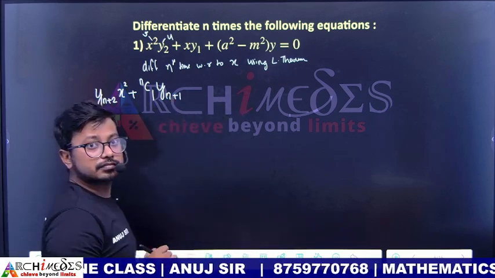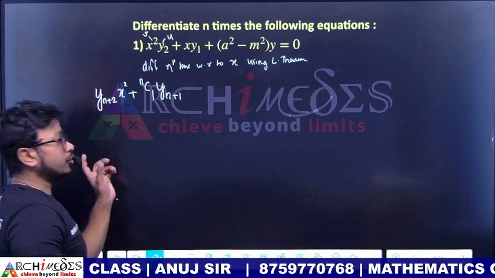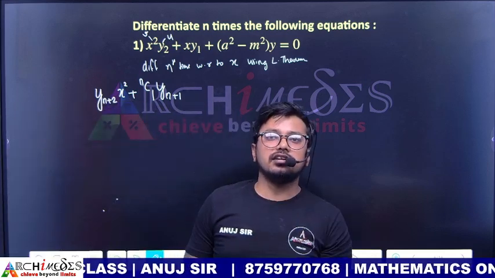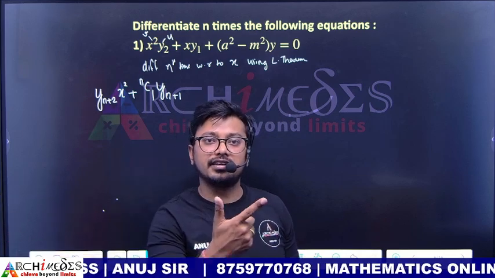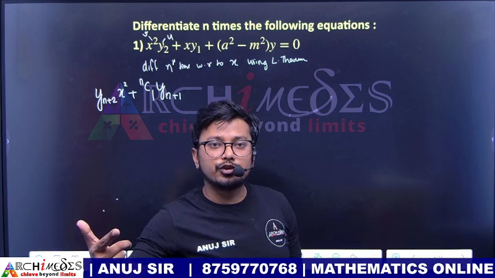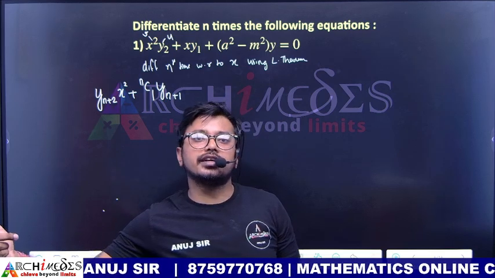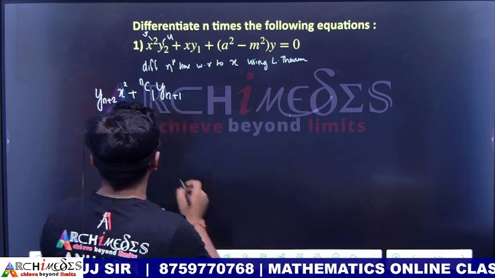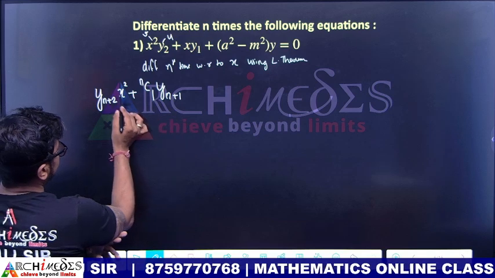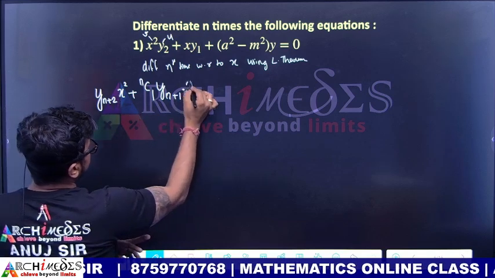Any doubt? Simple logic. You know very well. The suffix of the u will slowly decrease by 1, 1, 1. u(n), then u(n minus 1), then u(n minus 2). But the suffix of the v will increase. So if it is n plus 2, next is n plus 1. If we differentiate x square, it becomes 2x. Any doubt?